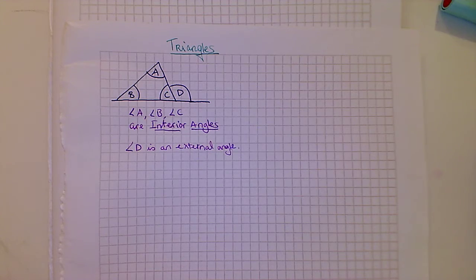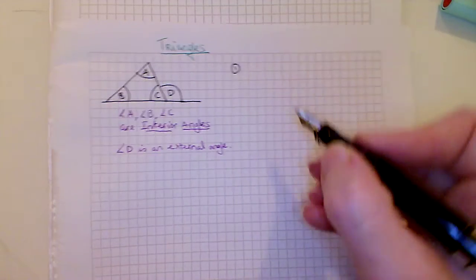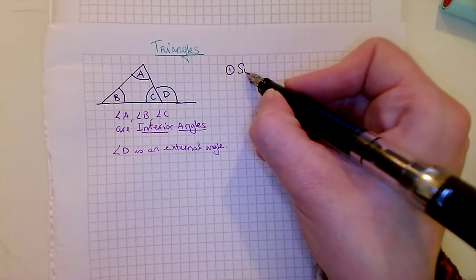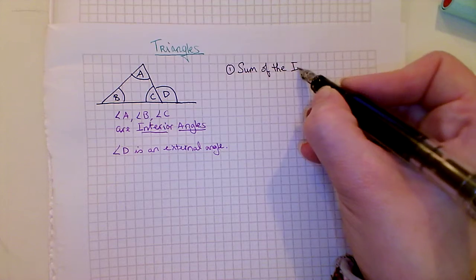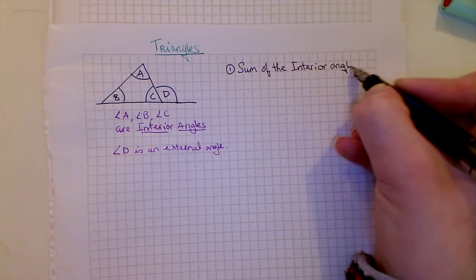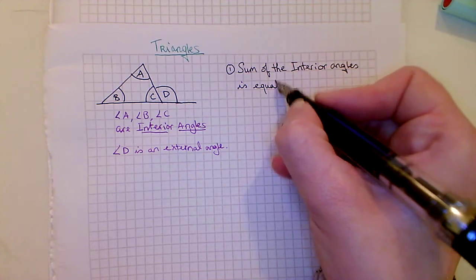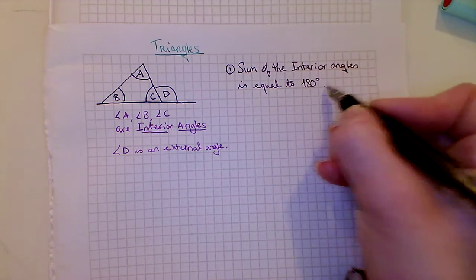And the first property that we have of triangles is that the sum of the three interior angles is always equal to, I think you already know this, 180 degrees.